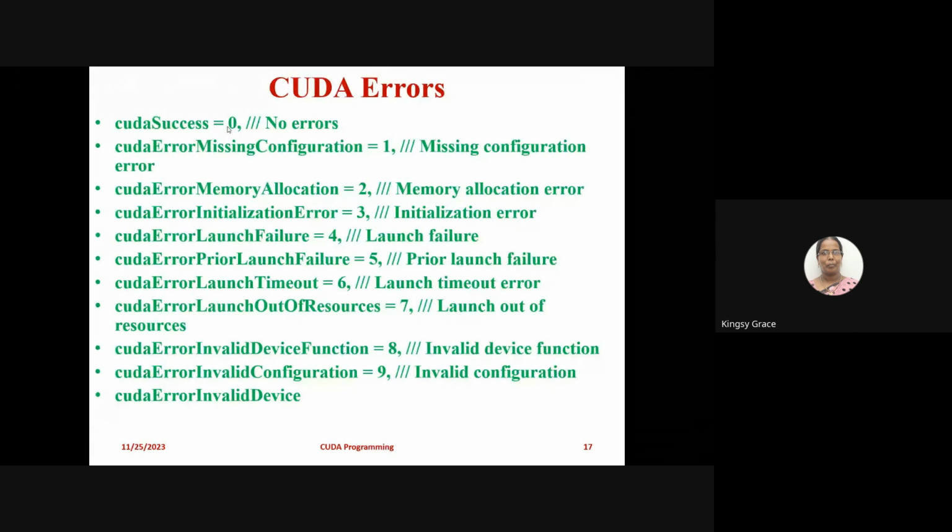That means your cudaSuccess variable will give the value 0. Another one is cudaErrorMissingConfiguration. If it is 1, it means a missing configuration error. If there is any configuration error, that will be given.